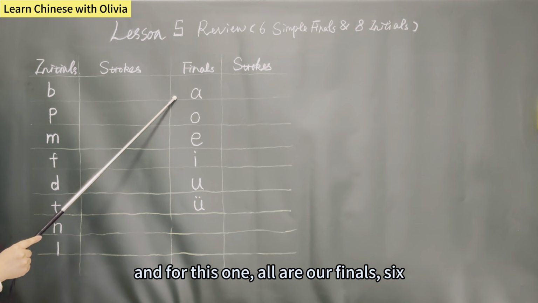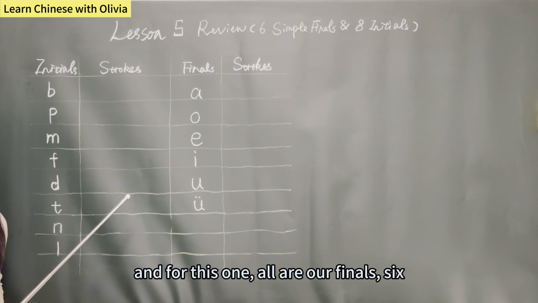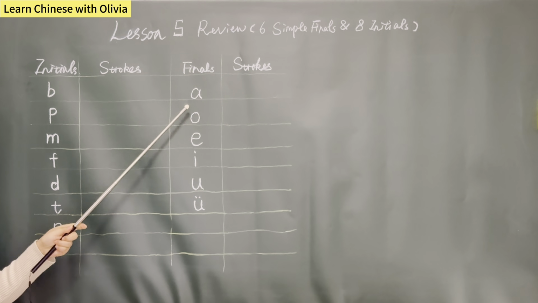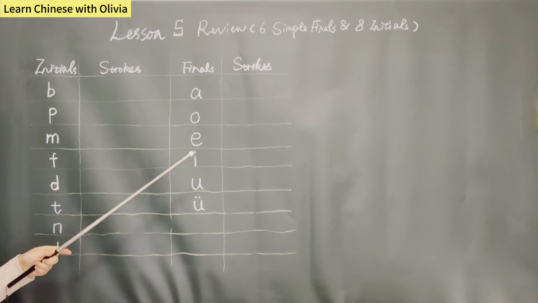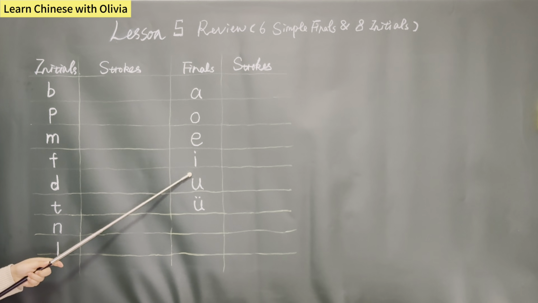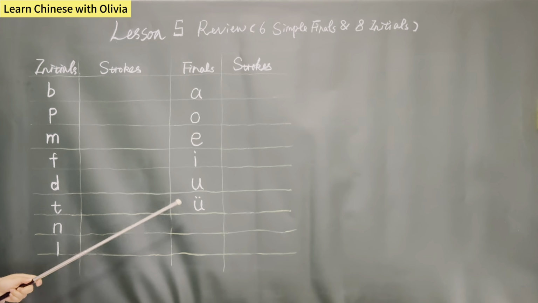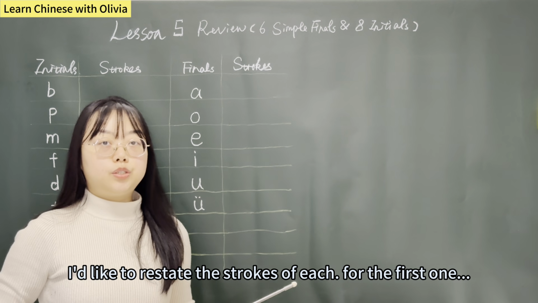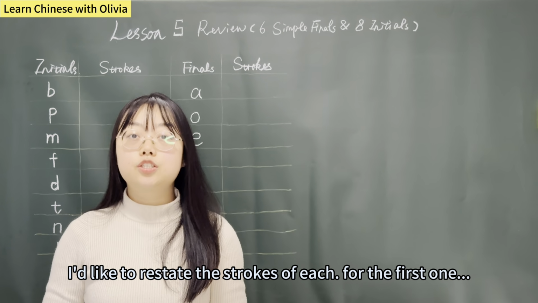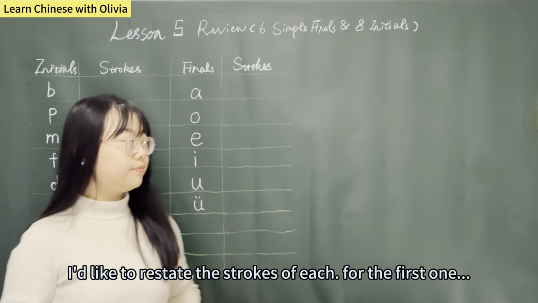And this one is our finals, 6 simple finals: A, O, I, U. First of all, I'd like to restate the strokes of each.